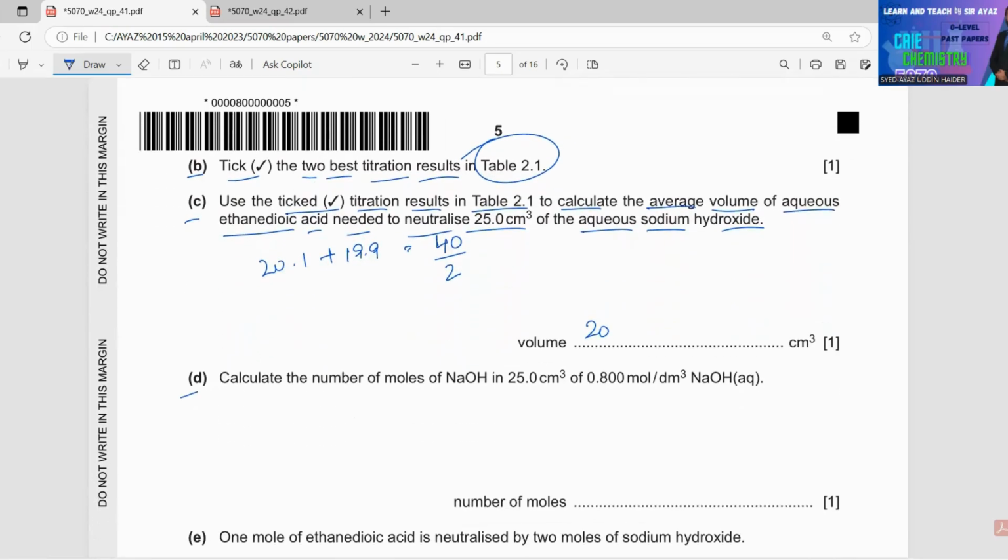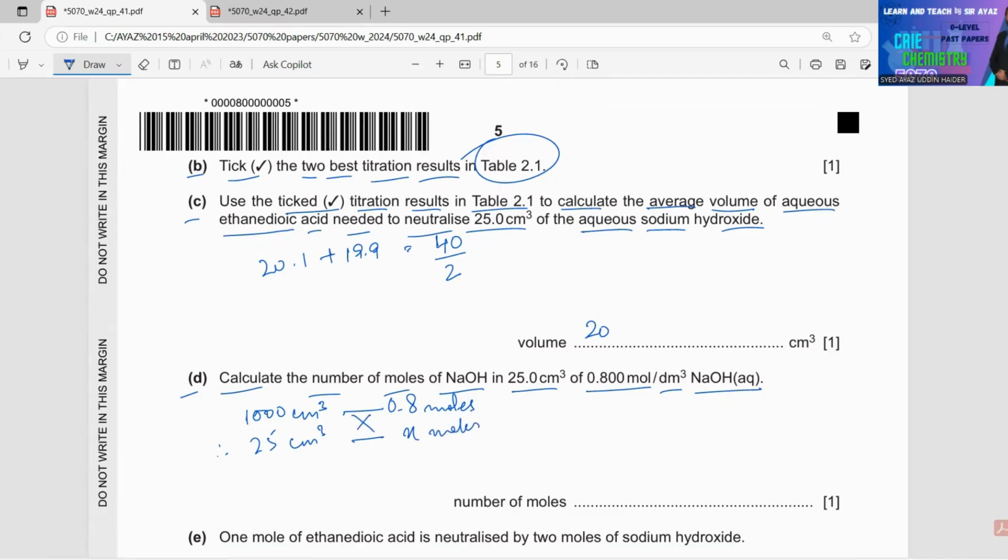Part D. Calculate the number of moles of NaOH in 25 centimeter cube of 0.8 mole per dm cube NaOH. So 0.8 mole per dm cube means it must be in 1000. So you'll write 1000 centimeter cube contains 0.8 moles. Therefore, 25 centimeter cube contains X moles.